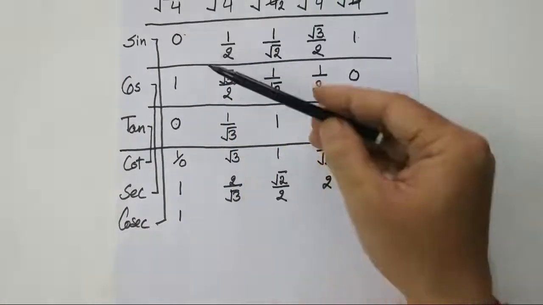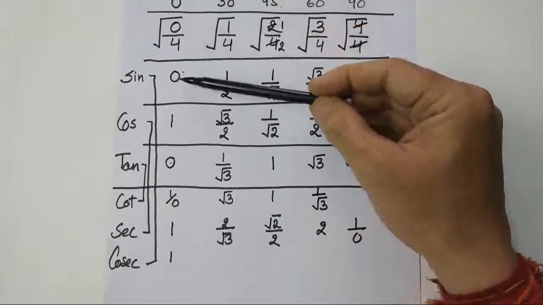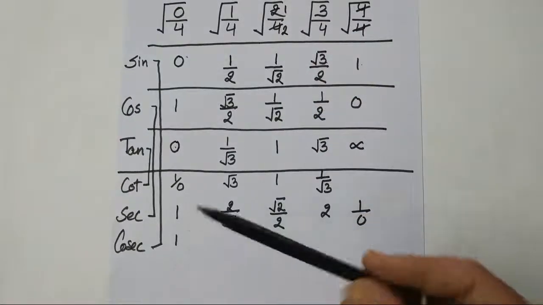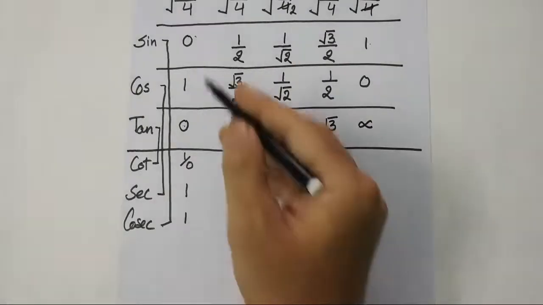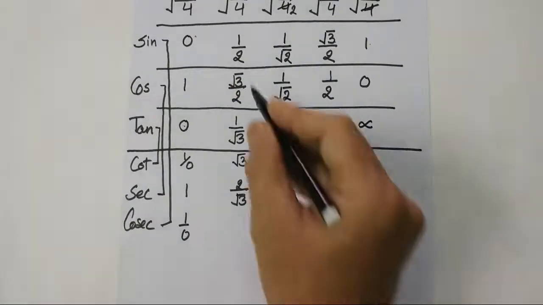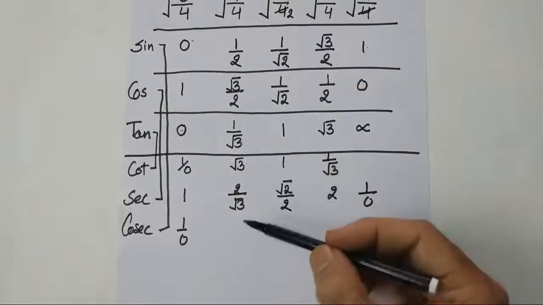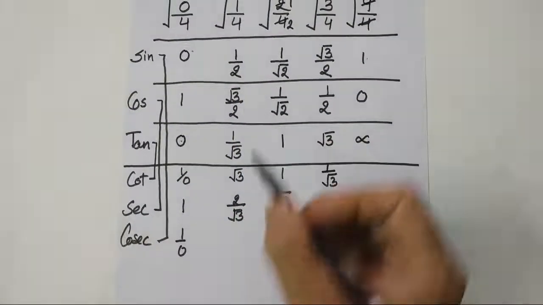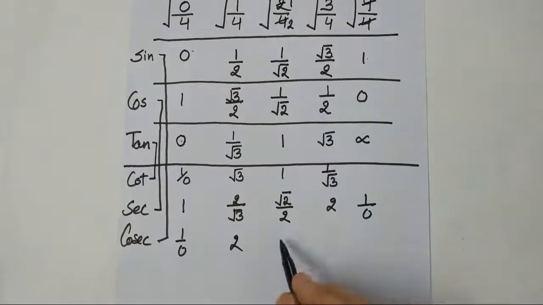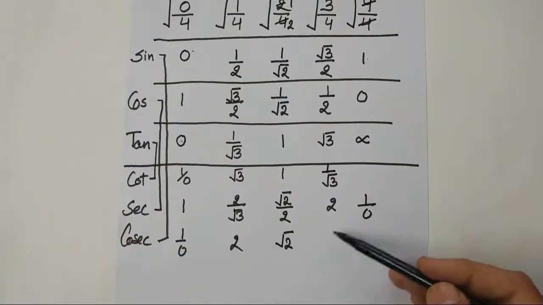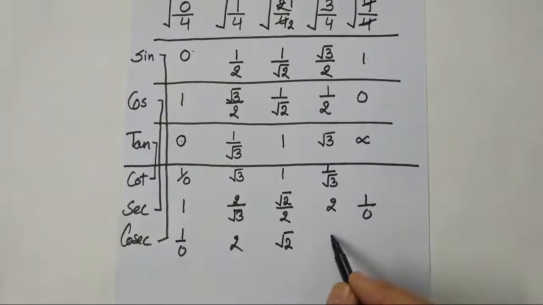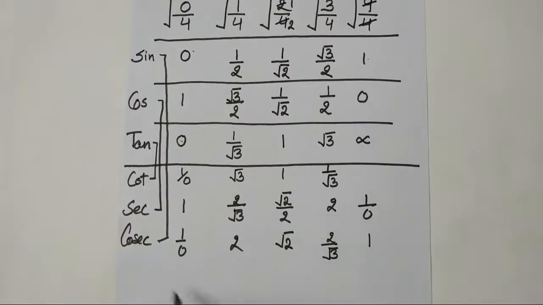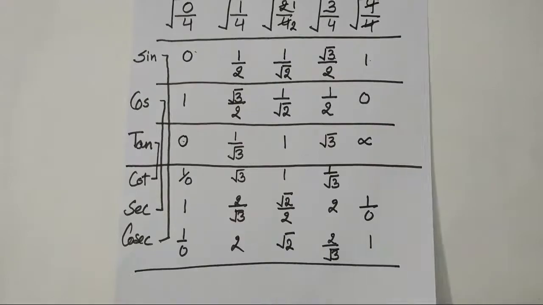Sine 0 we have just written as 0, so you have to just take the reciprocal, and it makes the table very easy. So 1 by 0, and this 1 upon 2, the reciprocal will become 2. The reciprocal of this will become root 2. The reciprocal of 60 will become 2 upon root 3, and this will become 1. So this solves the problem of learning the table.